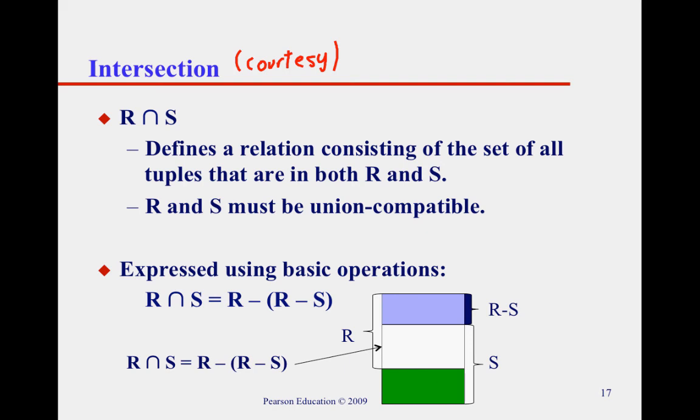Okay, so we can express intersection as two set differences. So we first find what is in R but not S. So this right here is what is in R and not S. Okay, so let's say that R was professors.